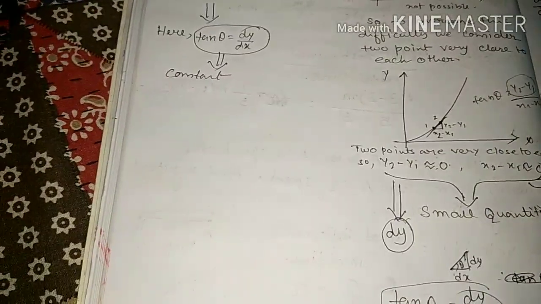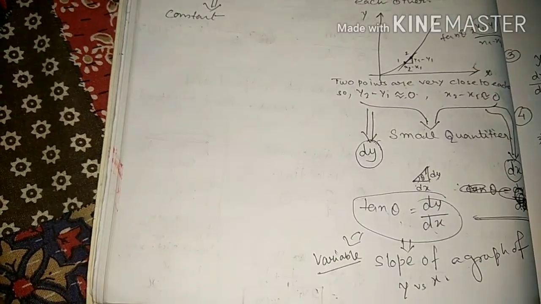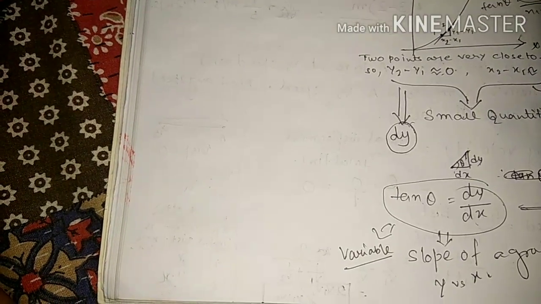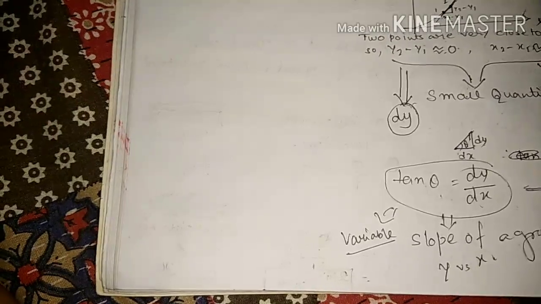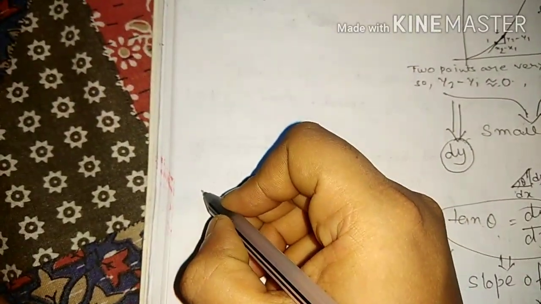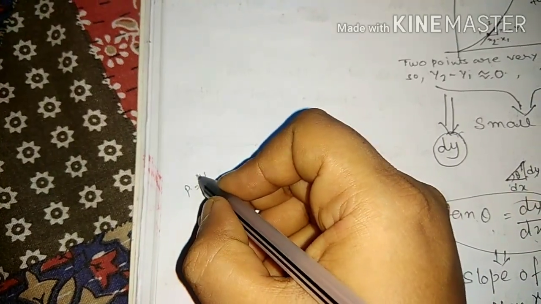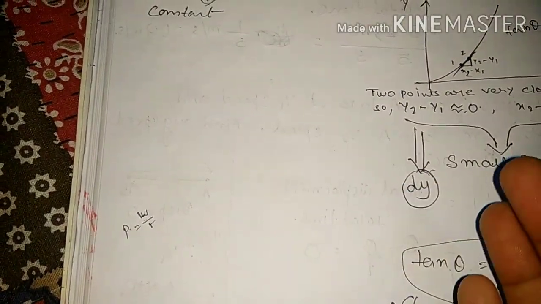So mainly the slope tan theta equals dy by dx means the slope of the graph of y versus x, or we can say the rate of change of y with respect to x. Because in class 10 when we defined power, P equals W by T, that means the rate of change of work done per unit time.